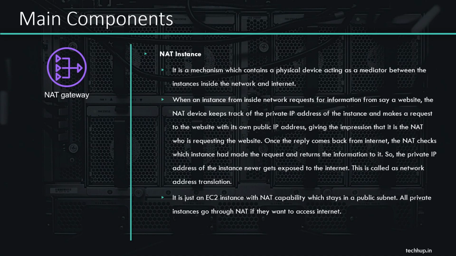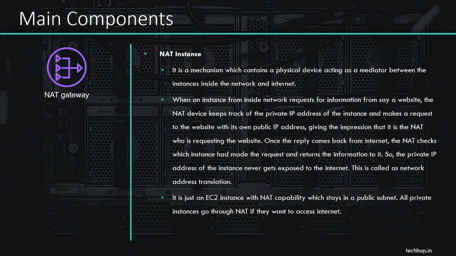Example, say if you have a Ubuntu operating system running on an EC2 instance, which is sitting in a private subnet, and this subnet doesn't have any access to the internet via the internet gateway, but this instance needs to download patches for updating the operating system or updating the repositories for any application stack.